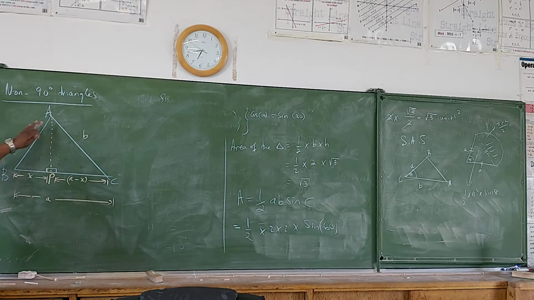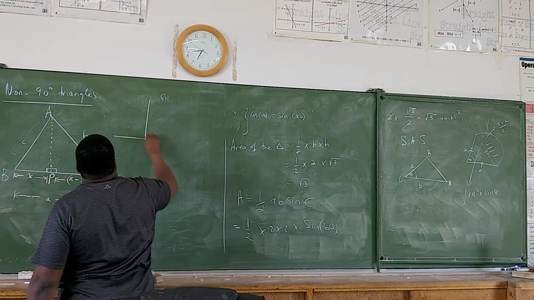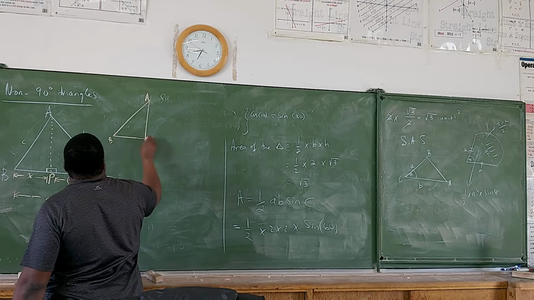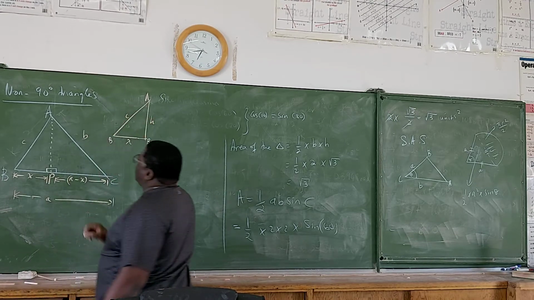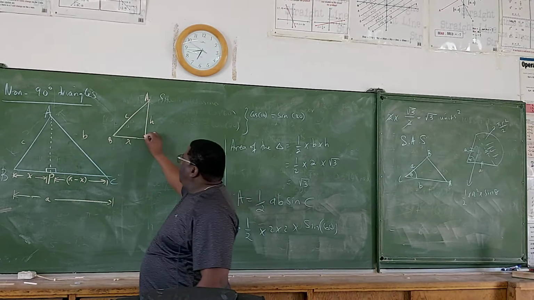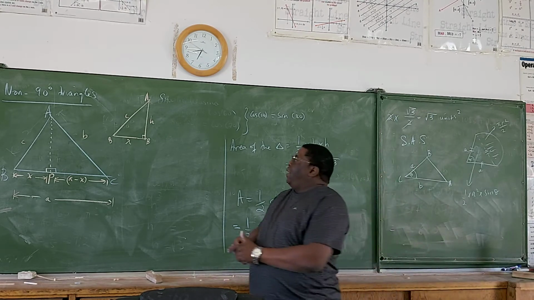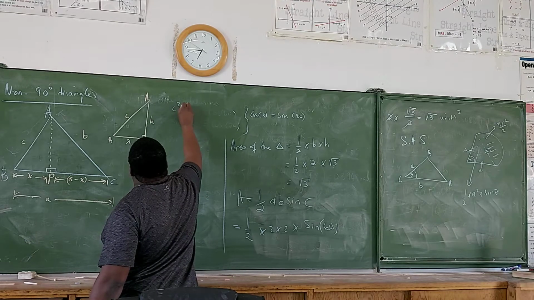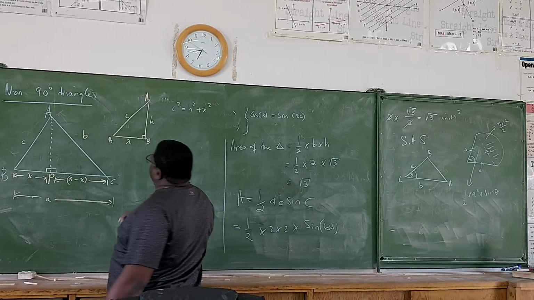If I take the right angle triangle A, B, P, where this is X, this is the height, and that is C. The idea is to find the value of X. X will be calculated by saying C squared is equal to H squared plus X squared.